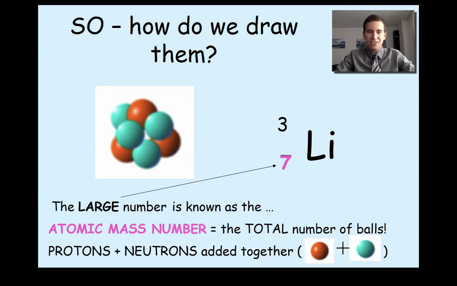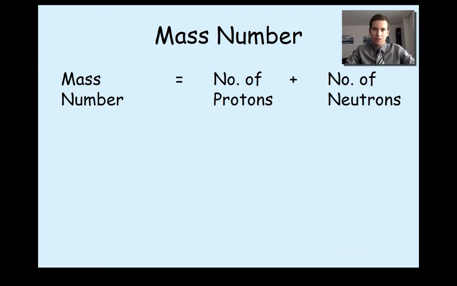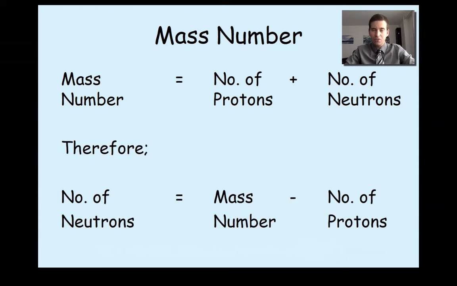You can see there are 7 spheres in the picture because the total number of protons plus neutrons is equal to 7. So, because the mass number is equal to the number of protons and number of neutrons, okay, and the atomic number is equal to the number of protons, to work out the number of neutrons, we just take the big number, the mass number, and subtract the small number, the atomic number.